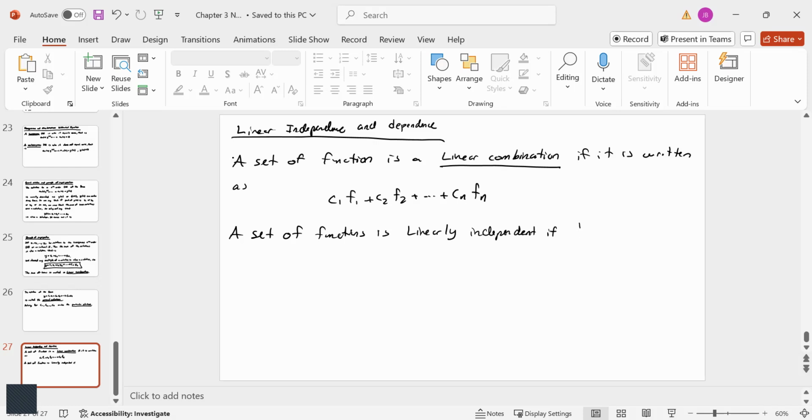If the linear combination is equal to 0, which again just means homogeneous, and the only way that you can combine these functions together is if all of the constants are 0.